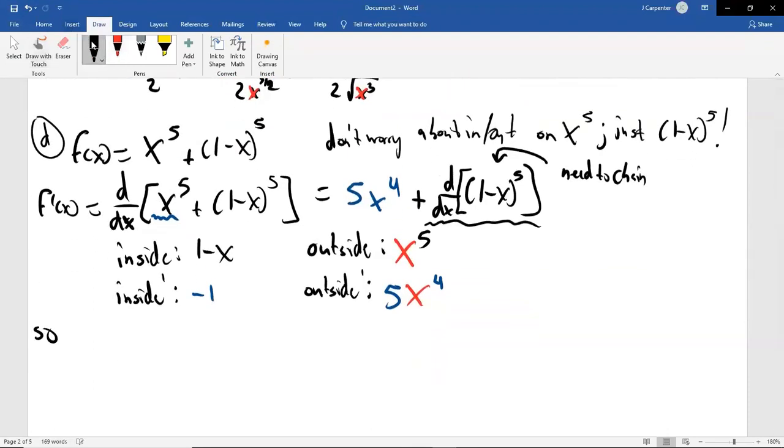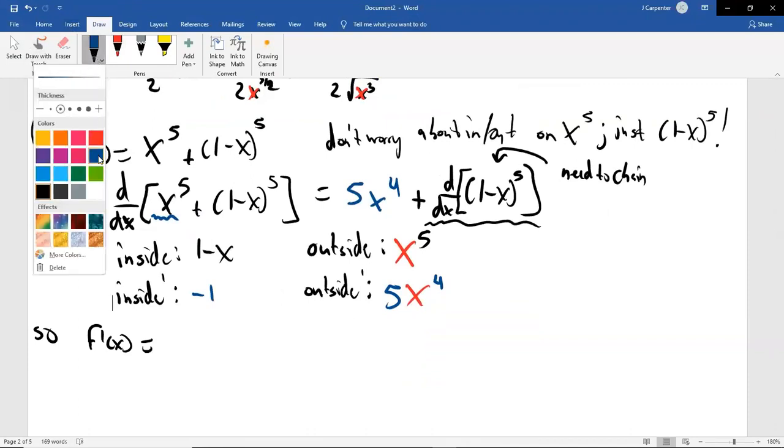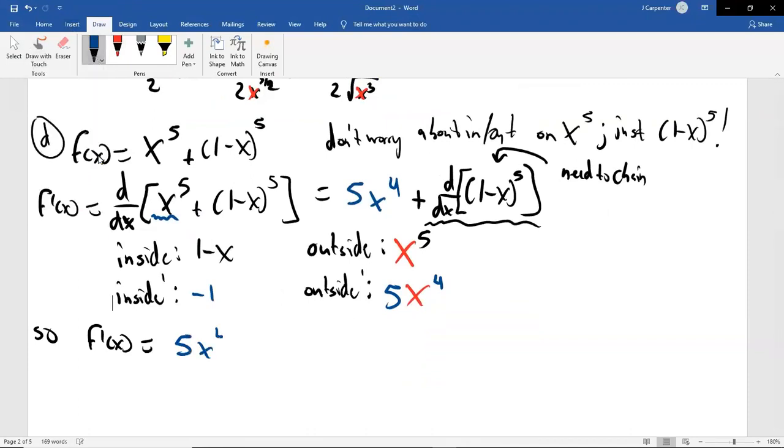So f prime of x, the derivative of the original function. Now we can't forget this. A lot of students end up forgetting the blue 5x to the fourth. Remember, we were doing the derivative of the x to the fifth, which was this thing, no chaining necessary, so here it is. Then we have our plus. Now this next bit will be the derivative of what we did have to chain.